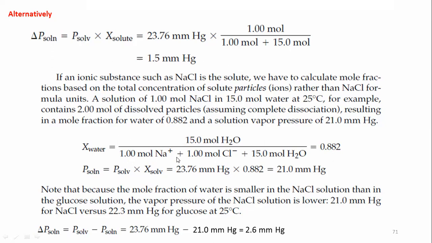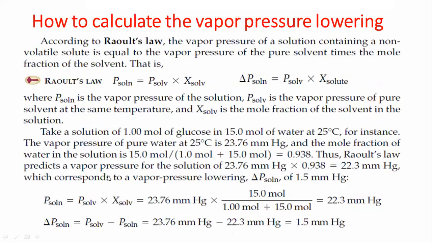So you have to separately put the number of moles for the cations and the anions. This is the special case when you add an ionic compound or salt into the water. Then you have to use the same moles separately for the sodium and for the chloride. And the total moles now, if you calculate, the mole fraction of this water would be 0.882.